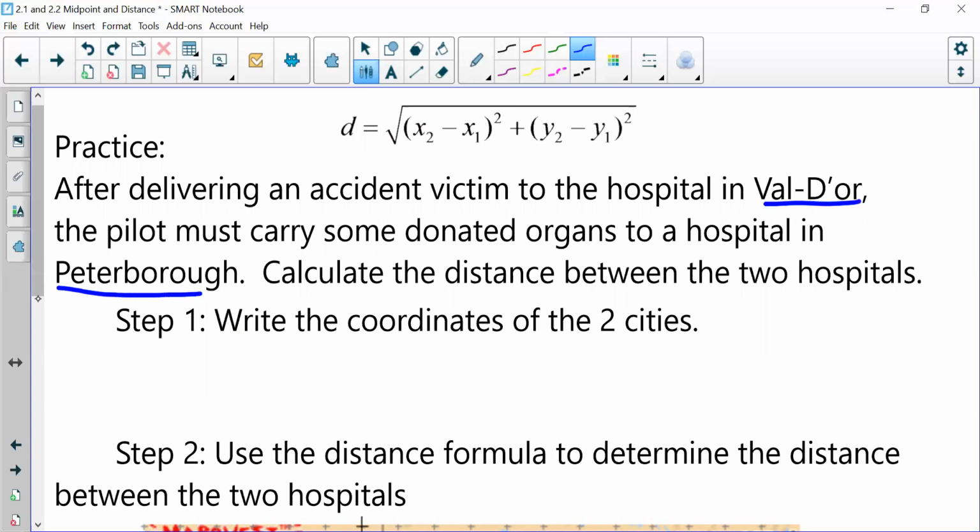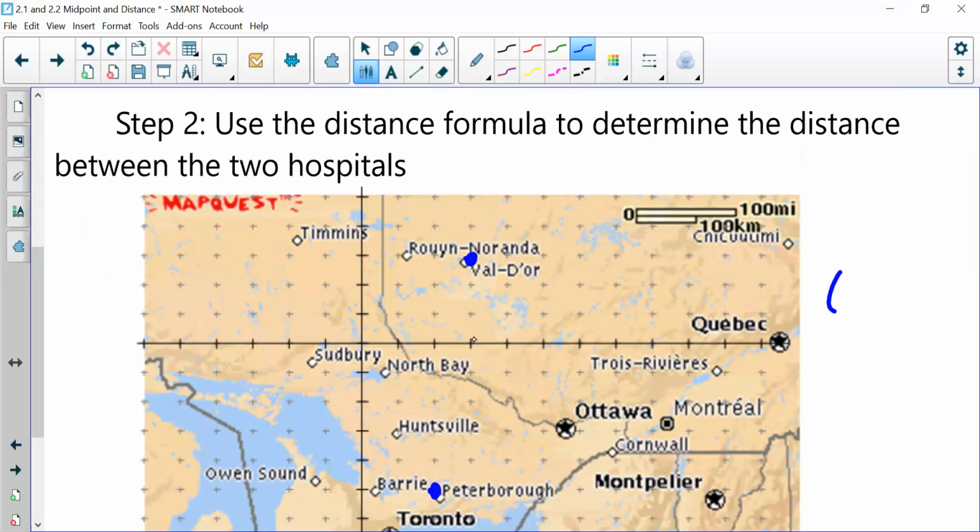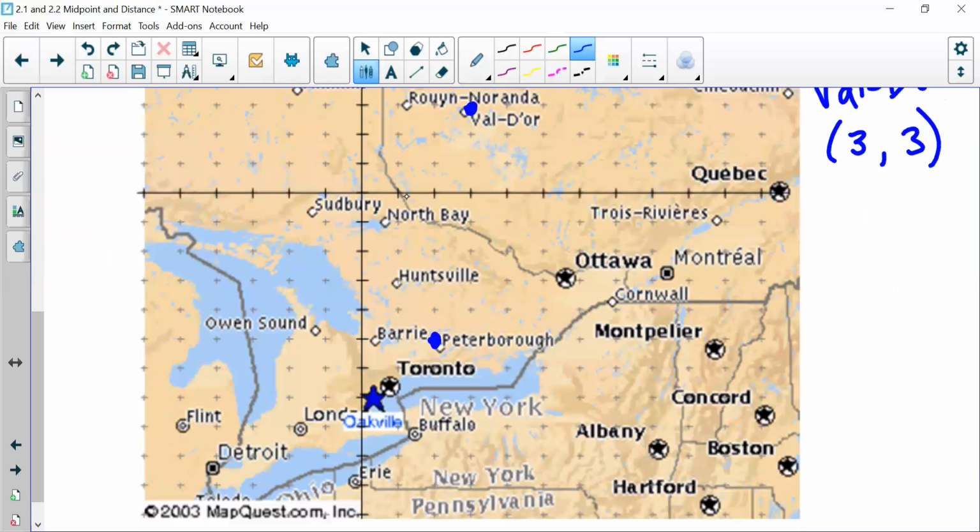So I'm going to go with whole number points here. Val d'Or is here. I'm going to go with that number on the grid. Peterborough is here, so I'm going to go with that one. So for Val d'Or, it is at point 3, 3. And Peterborough is down here, so it's at 2, -5.